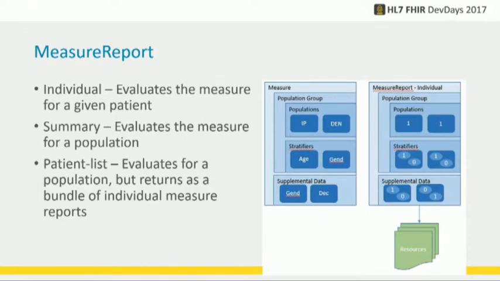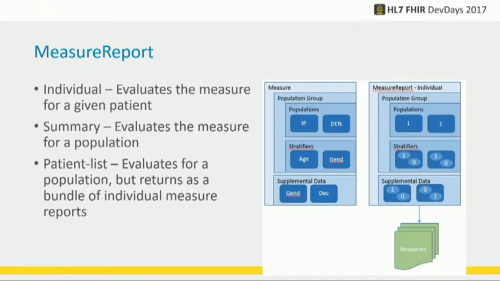So you can see the structure of the measure and the measure report. They're very similar, where you can, in a measure, define any number of population groups, and within each of those populations, you have the criteria. And then when you run this on the summary, the actual populations will just have the counts for the number of individuals in each of those populations.